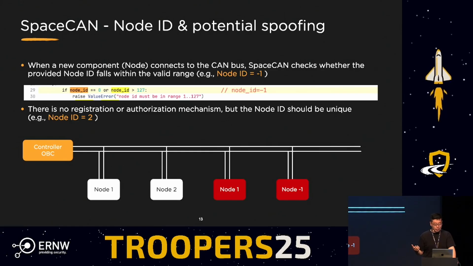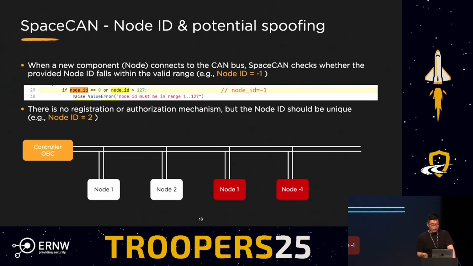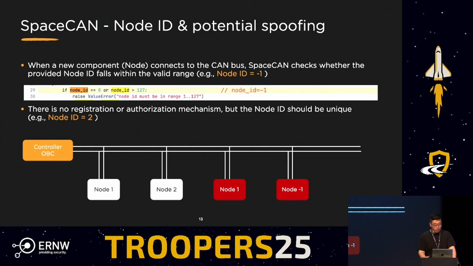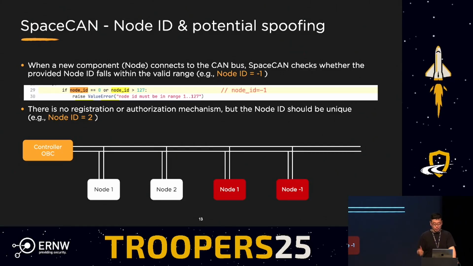So basically, you can just pretend to be another node ID in the system. You can see in the image that you can have two node 1 at the same time, but in design it should be a unique node ID. So there is a potential spoofing on this system, as we already know.